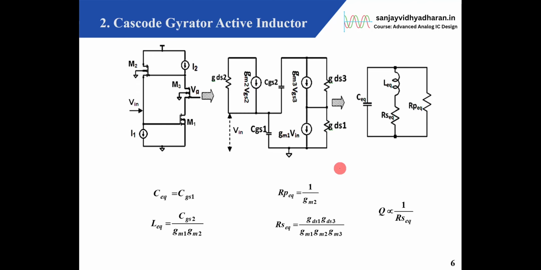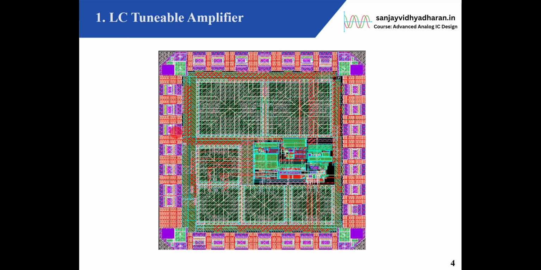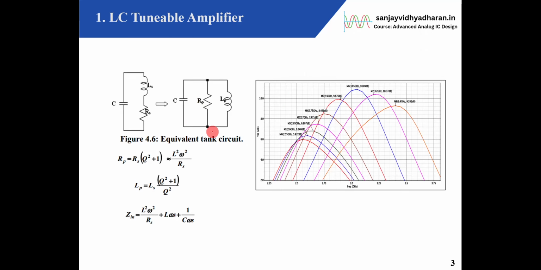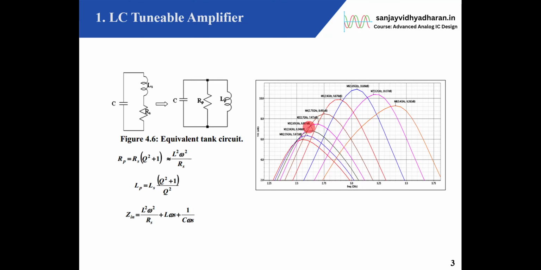We will try to do this in Cadence, and we will see how to tune this to various operating frequencies. This is the circuit. I am going to replace the tank circuit here with this circuit, change the values of I1 and I2, and try to tune the circuit to various frequencies, like we did here.